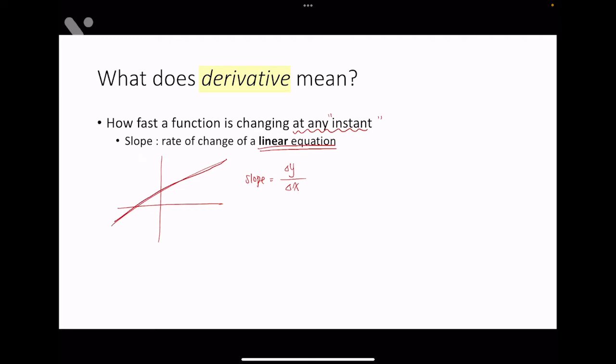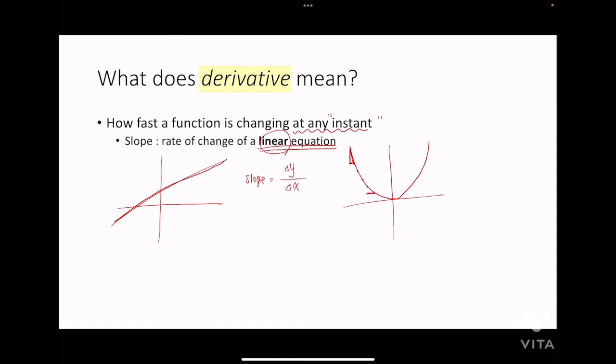So why we learn derivatives is because you want to know the rate of change of not only linear, but also nonlinear equations. For example, for nonlinear graphs like this, at every point the rate of change is different. So if you see here, in this part, for a small increase in x, y decreases by a bigger amount than for here.